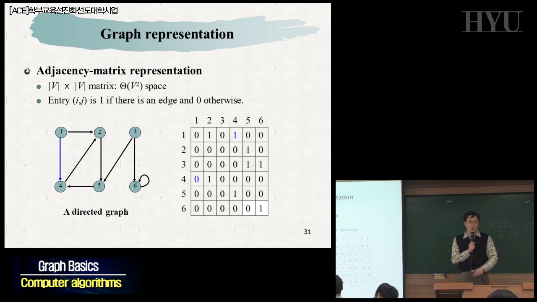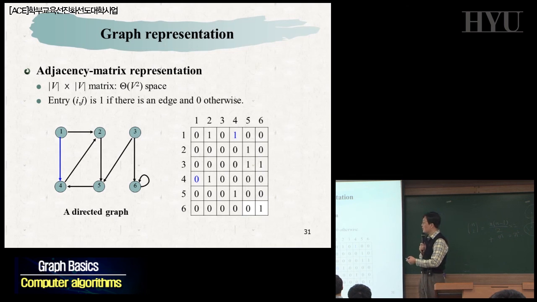So in this way, we can store 1 or 0 in the matrix. So what is the space consumption? Simple. It's V squared. Theta of V squared.